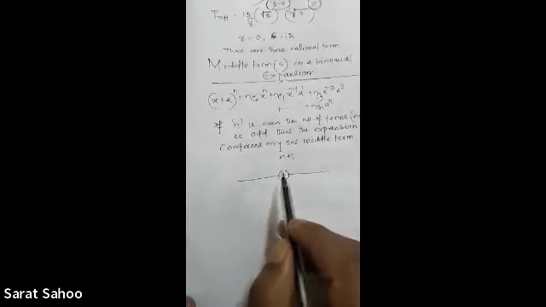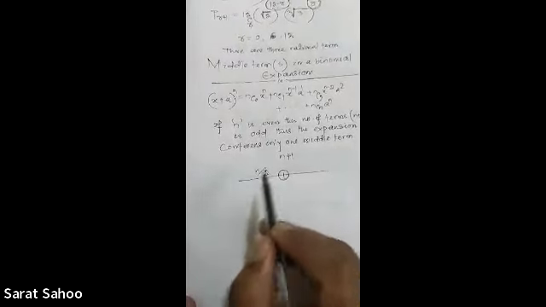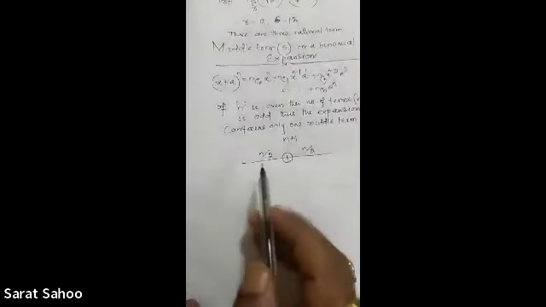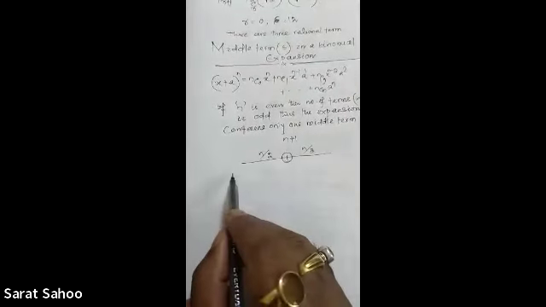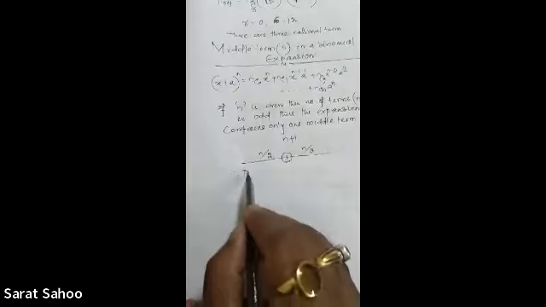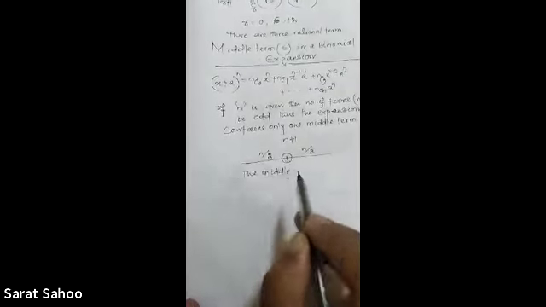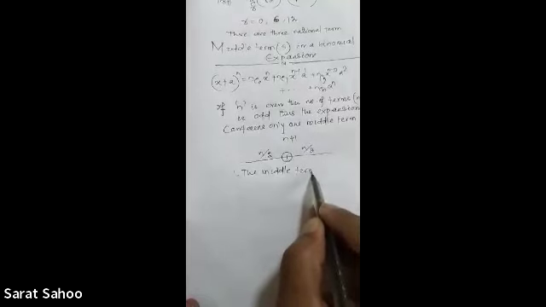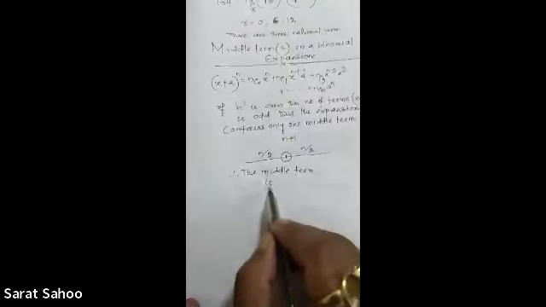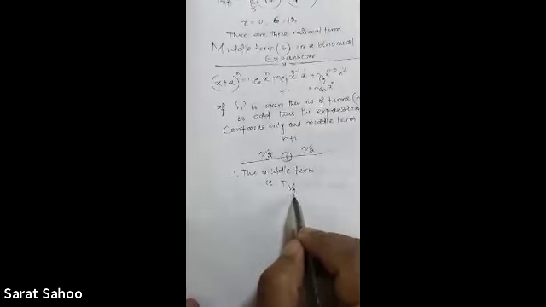Then, except this middle term, n terms will be there. So n by 2 terms will be on the left hand side of the middle term and n by 2 terms will be on the right side. Thus the middle term is T_{n/2 plus 1}.